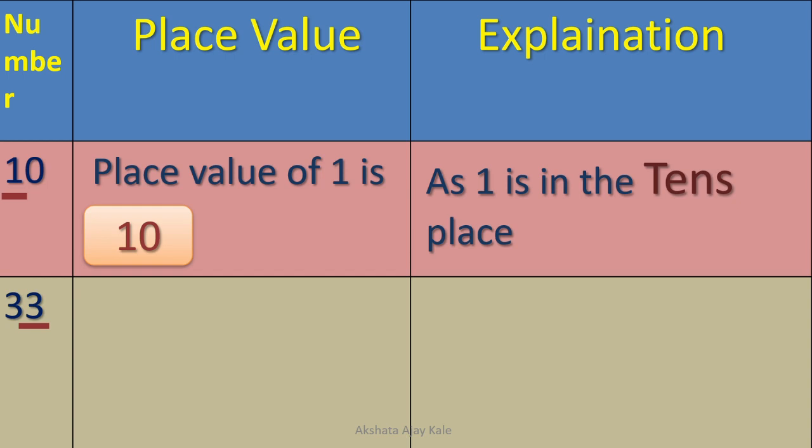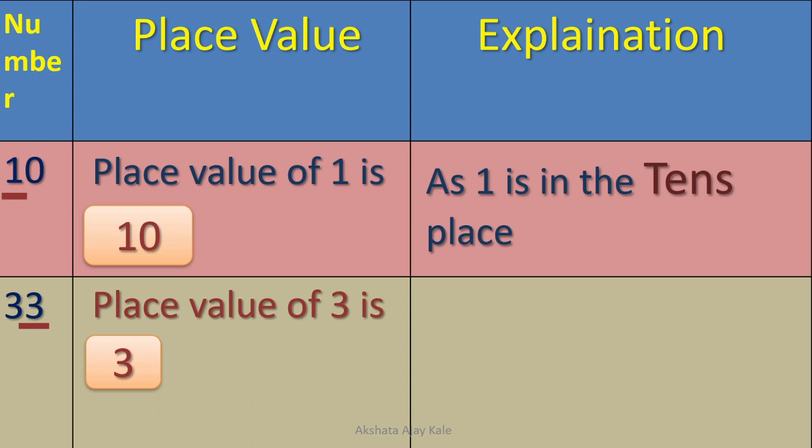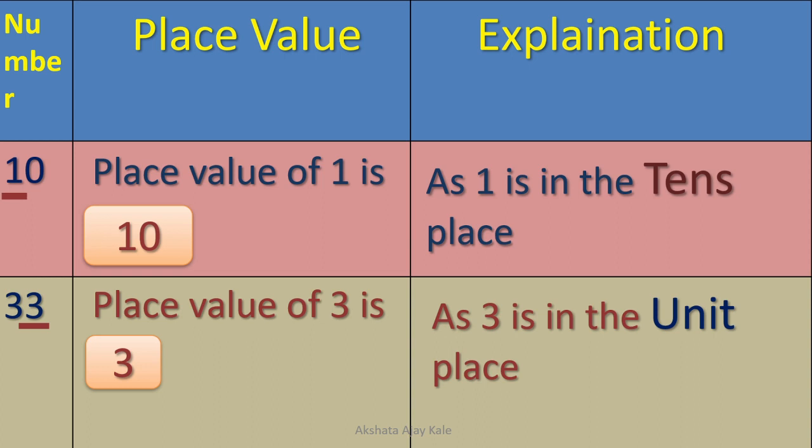Now in the second number, 33, the first 3, that is to the right hand side 3 has underline. So the place value of 3 is how much? 30 or 3? 3. Very good. Because as 3 is in the units place. Right? Very good.